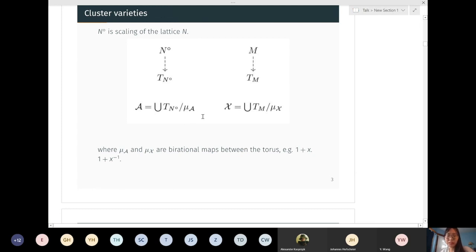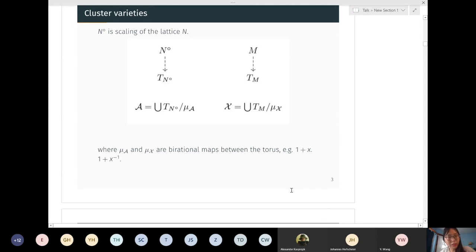We are going to go over an example, but if you're unhappy now, think of it as something like 1 over x is birational, because when we do inverse, we need to divide 1 over x. And X is similar, it's just on the dual lattice, where we have a bunch of tori, and then we glue by something we call the X mutation.